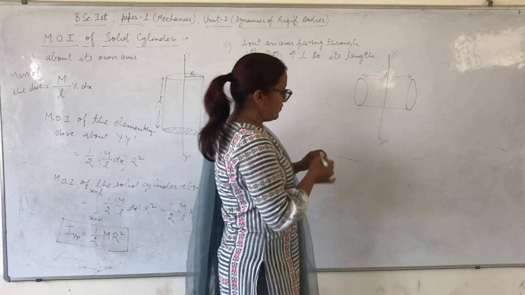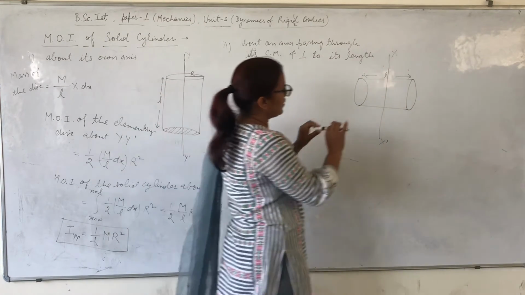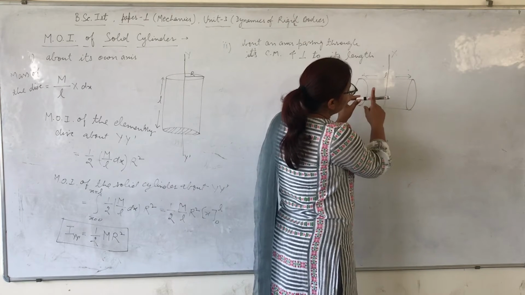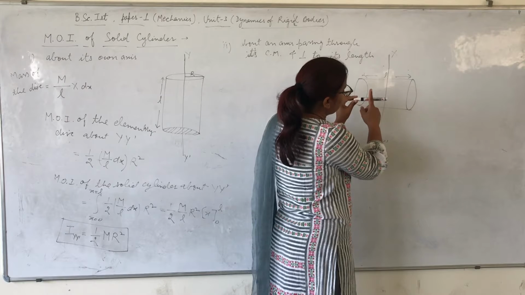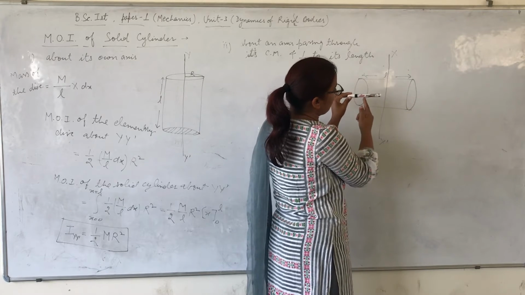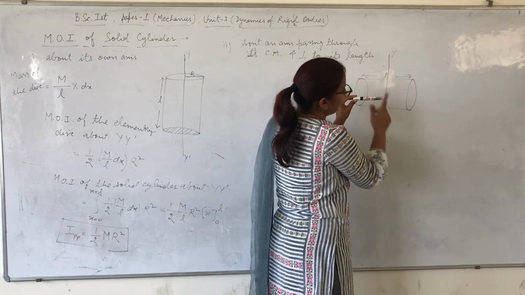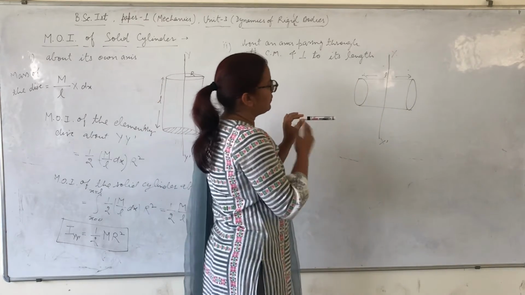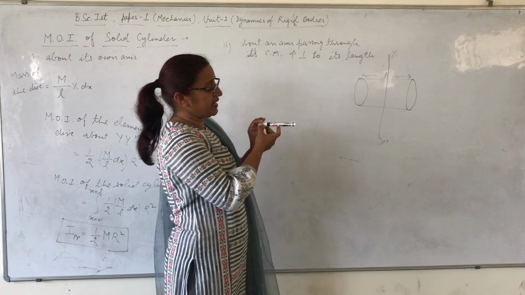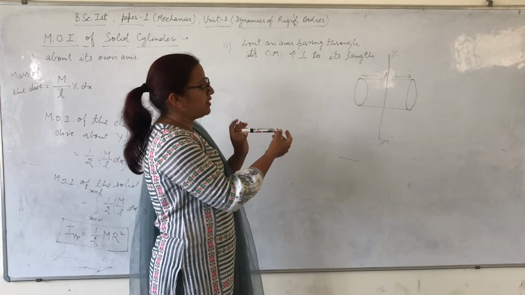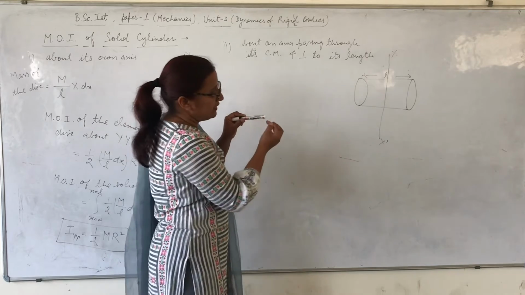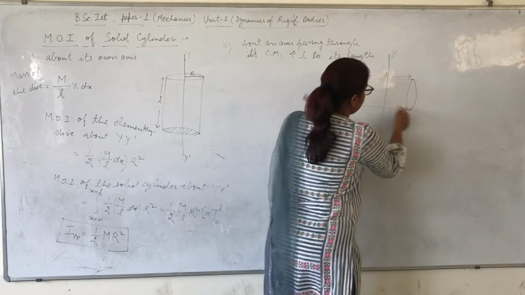Here again, this is the solid cylinder, and this finger represents the axis x dash, passing through its center of mass and perpendicular to its length. Again we make use of the concept that this cylinder is made up of elementary circular discs.